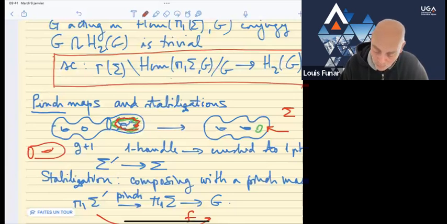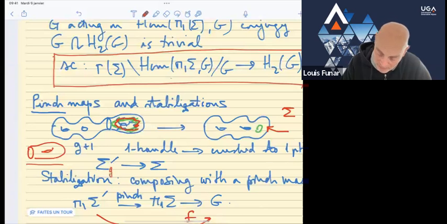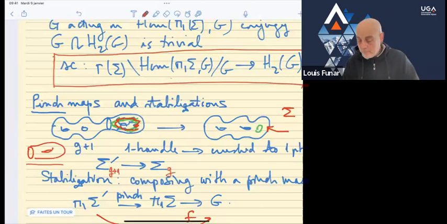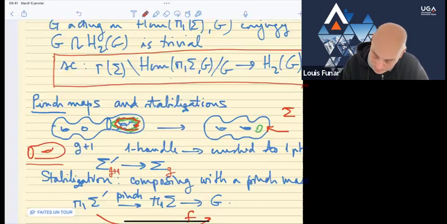Let's say I define here one of genus g+1, and I put here one handle on the right, and now I'm crushing the one handle to one point. Okay, so this is giving you a map from the surface sigma prime of genus g+1 into the surface sigma of genus g, in which I crushed one handle to one point.